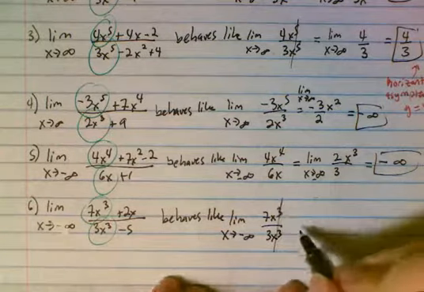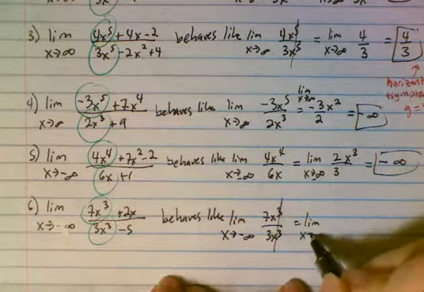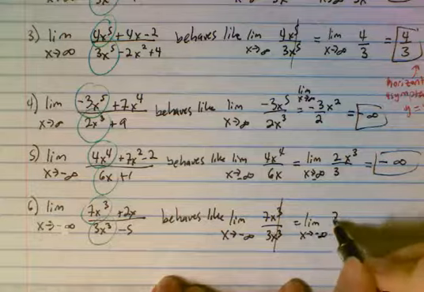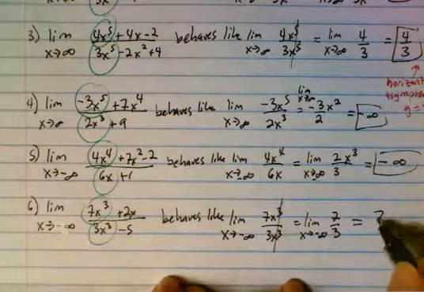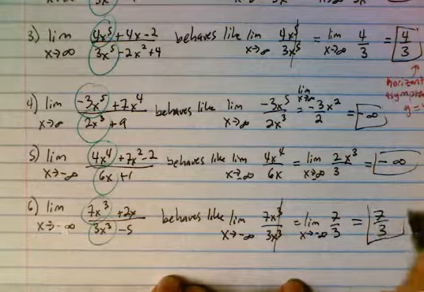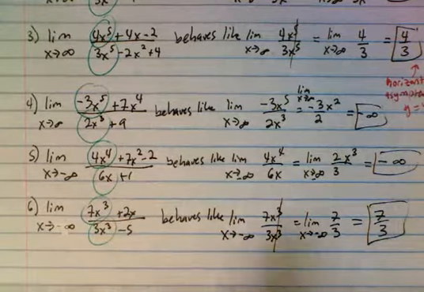Those x to the 3rds cancel out. There's no x to plug any numbers in for, so just 7/3. Again, that's going to be that horizontal asymptote.